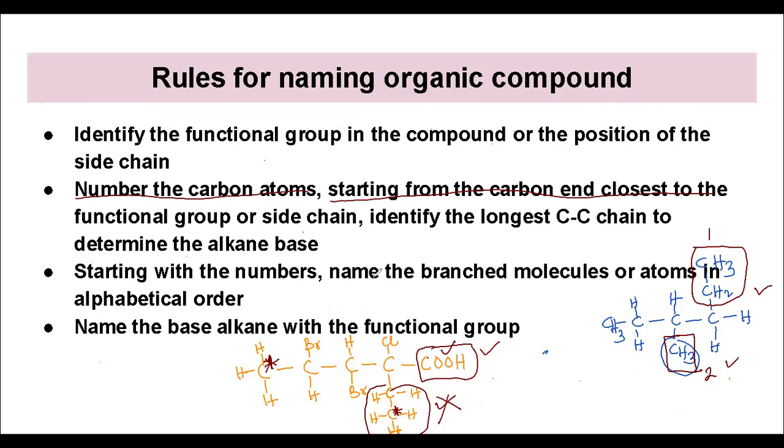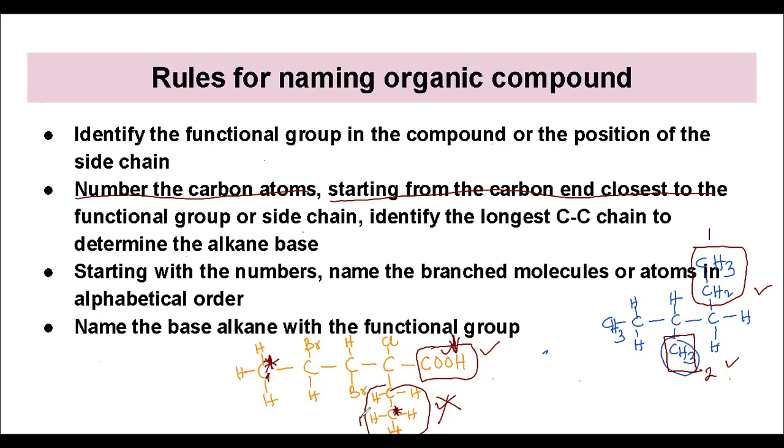Now you have a further instruction there that says starting from the carbon end closest to the functional group. So now let's check which of these two carbon ends is closest to this functional group. So let's start numbering from here first.